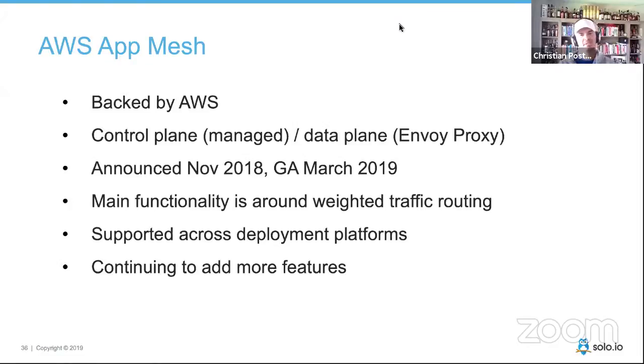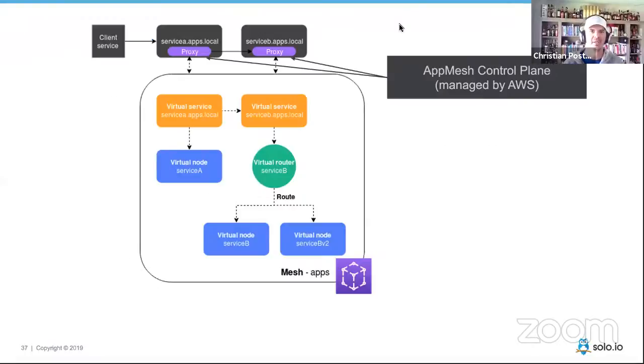What's interesting about App Mesh is that it's supported across multiple deployment platforms. So if you're running in AWS, then running it in Kubernetes as well as non-Kubernetes is a solid option. Here's an architecture, a little bit more of a drill into some of the API components in App Mesh.